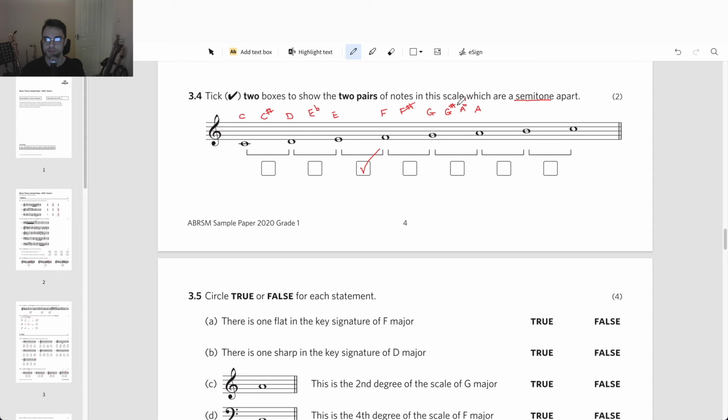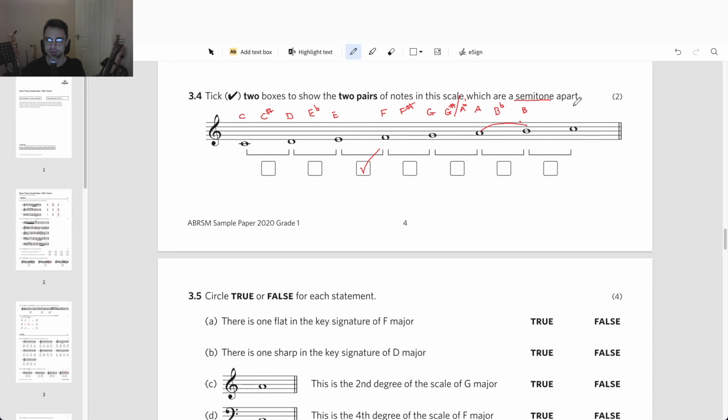So G sharp, A flat. We could call it either one. A to B. Is there a note that fits between A and B? Yes, there is. B flat will fit between them. So these are not a semitone apart, they are a tone apart.